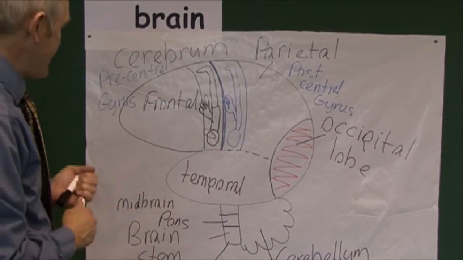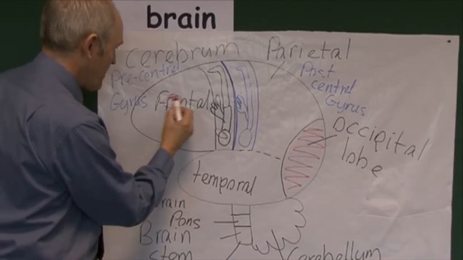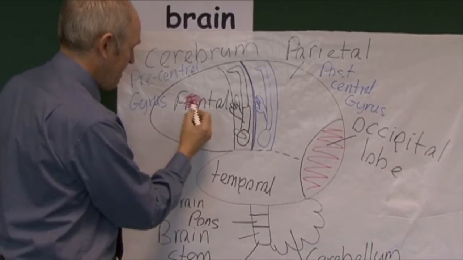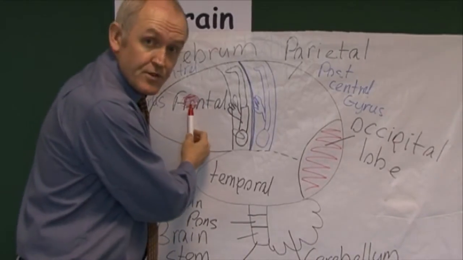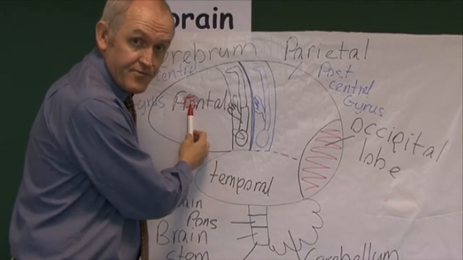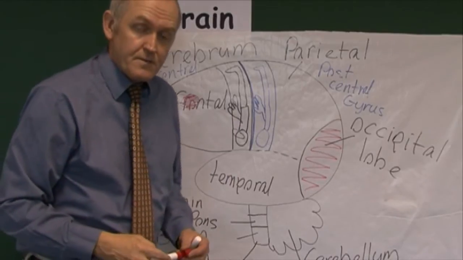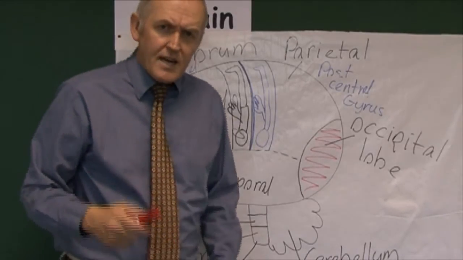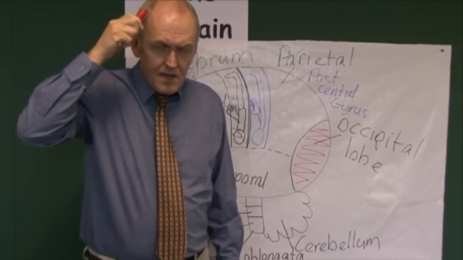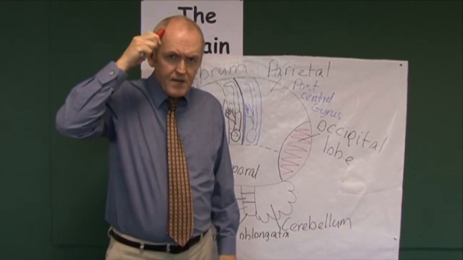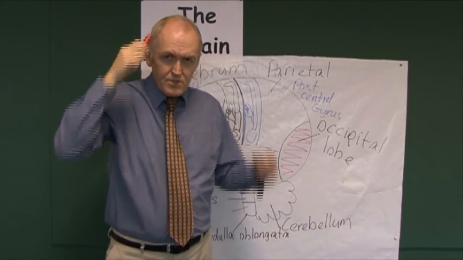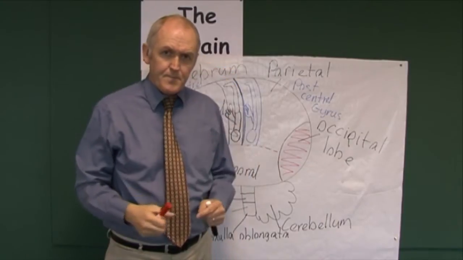Now there's also an area here in the frontal lobe, and that area is called the frontal eye field. The frontal eye field controls eye movement, and it's on the opposite side. So the frontal eye field in the right hand side of my cerebrum is controlling the movement of my left eye.